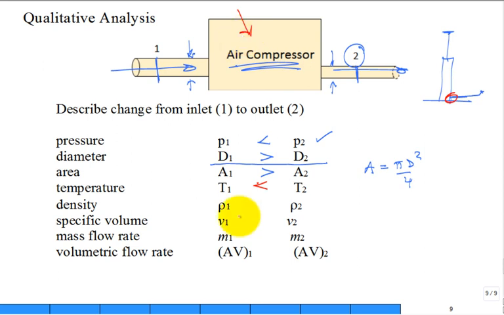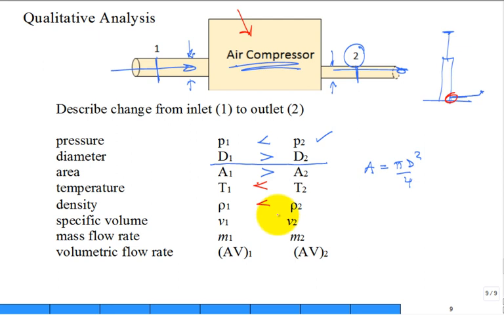How about the density? What happens to the density of the fluid? Same? Does it go up? Does it go down? What's the density do? So it's more dense? Yeah, that's right. And then what about the specific volume?